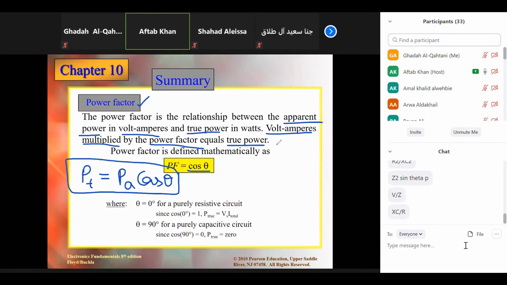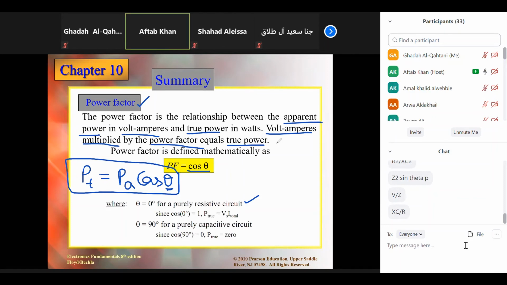And what is PA? You know that it is V into I. Now theta is the phase angle actually. If we have a purely resistive circuit, with no capacitance, what will be the phase angle, girls? 0. Very good, 0.